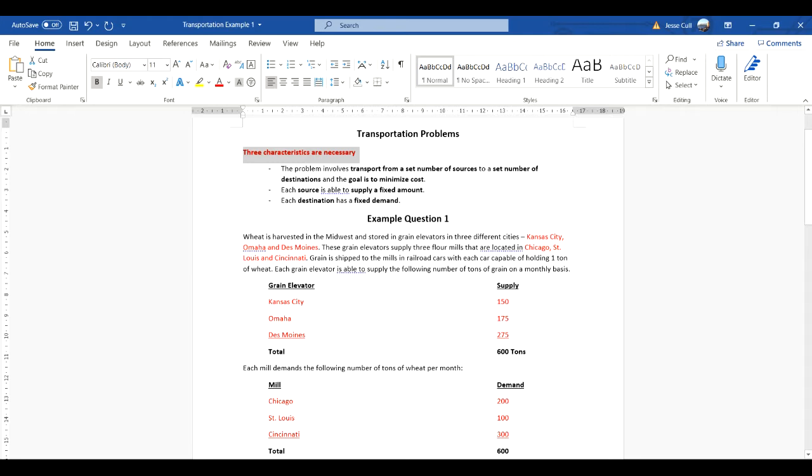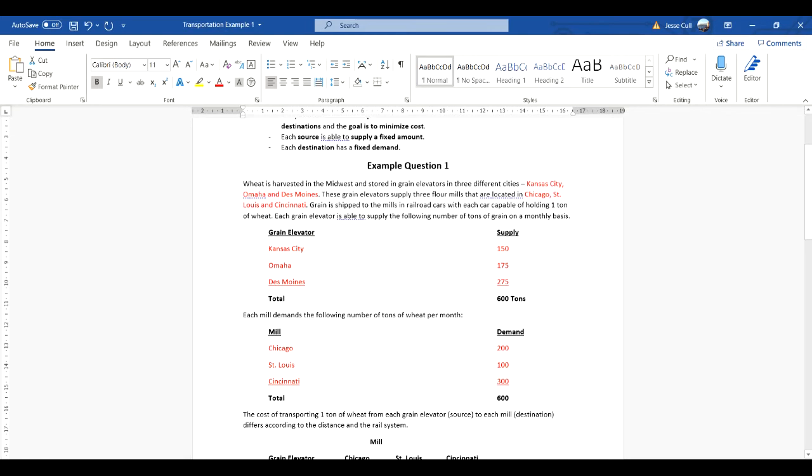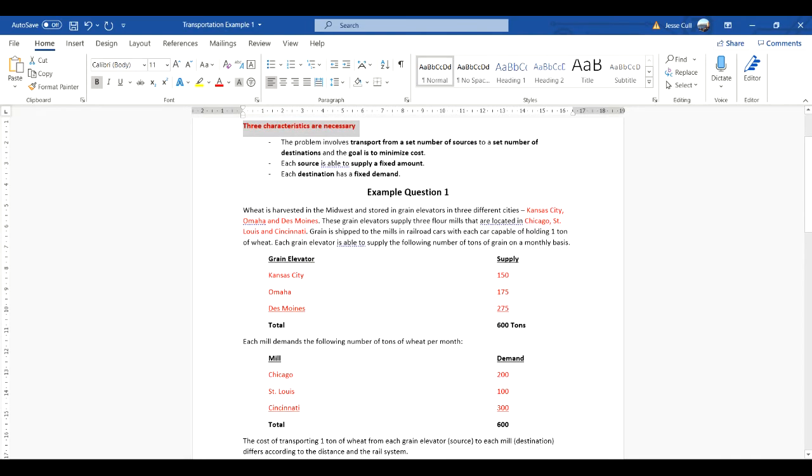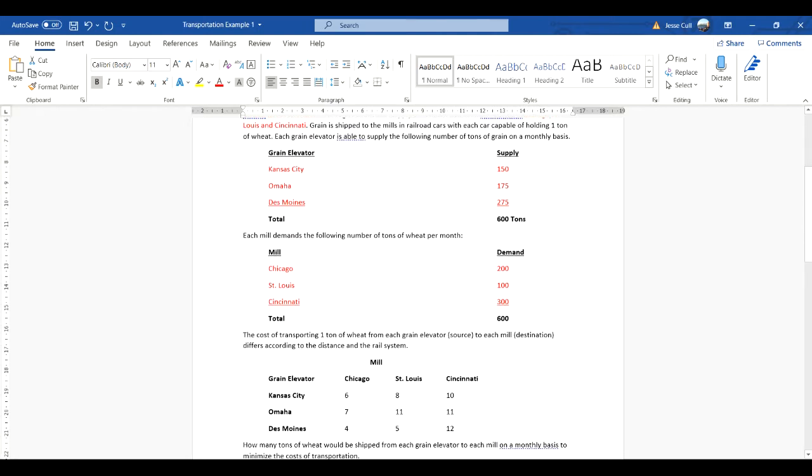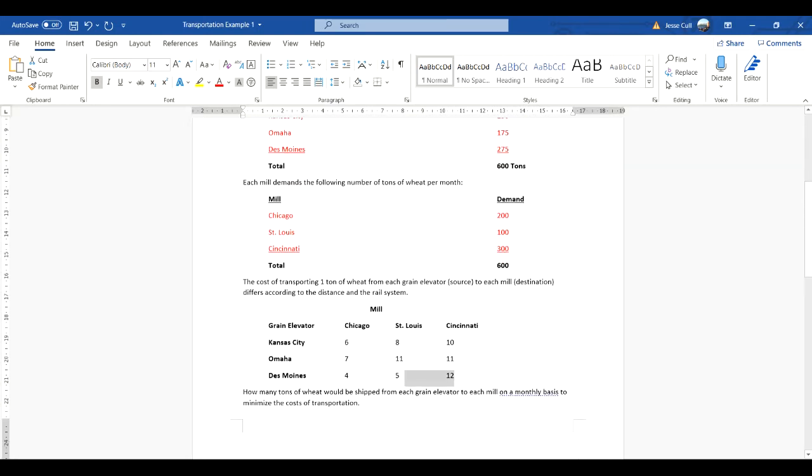This is how much they can supply. Each destination has a fixed demand. This is their demand. And we have a minimum shipping cost. So we have our key cost down here. This is our key information that we've highlighted here.